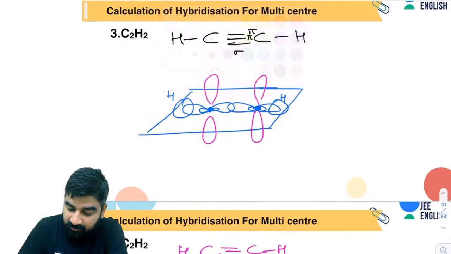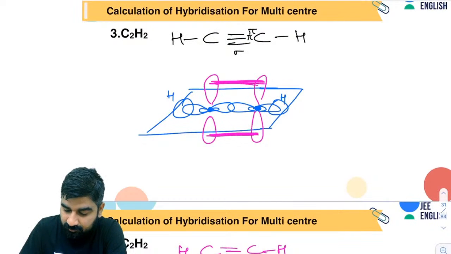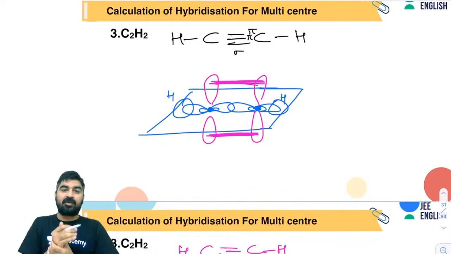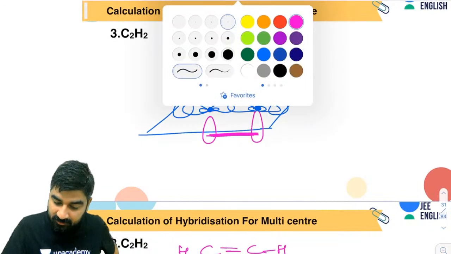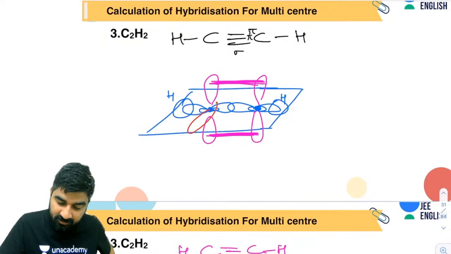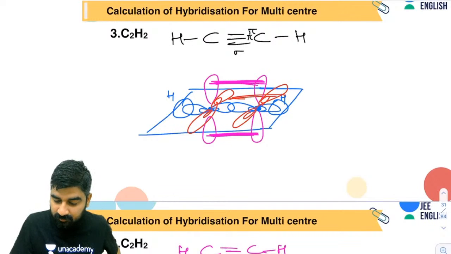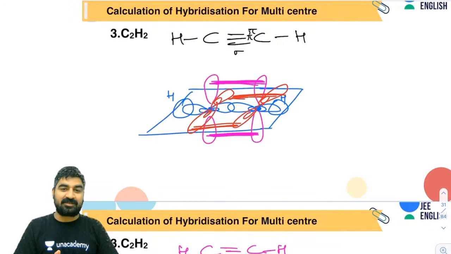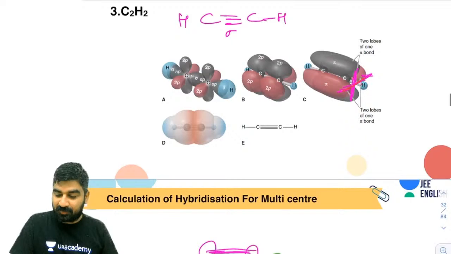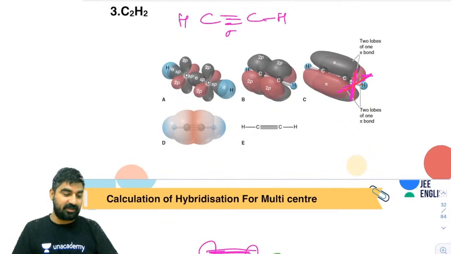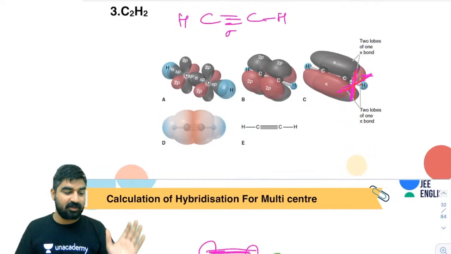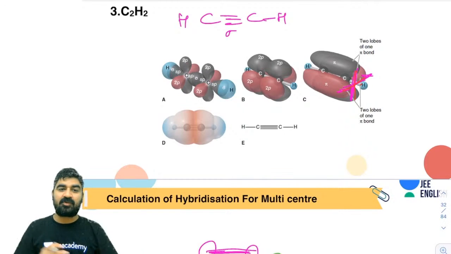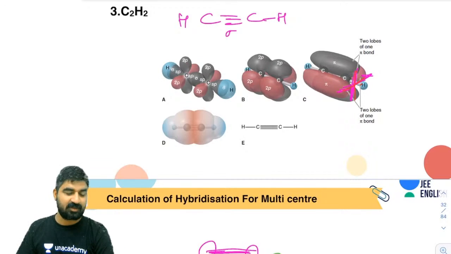Now there is overlapping of these two, so this overlapping will be above and below. Now there will be two more orbitals, and those will be perpendicular to each other. So this is what they are trying to show. These will be at 90 degrees. Their electron clouds are at 90 degrees. Got it? Tell me if you still have any doubt. Any doubt, guys? No doubts now?